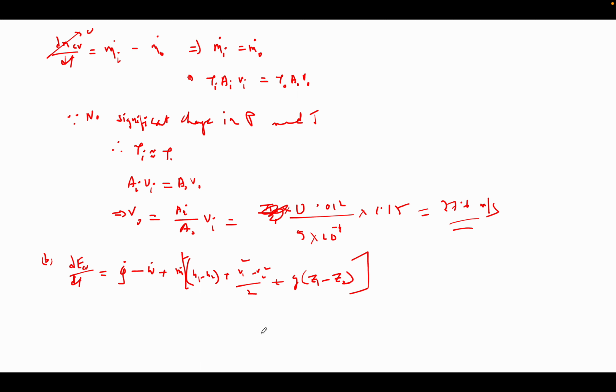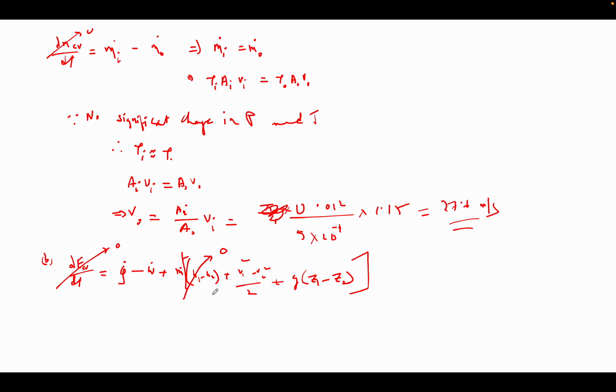In previous cases z1 and z2 were at the same height, so we neglected the change in potential energy, but in this case we cannot neglect it. We can neglect the enthalpy change, since there is no significant change in pressure and temperature, so cp T1 equals cp T2, h1 minus h2 is 0, and steady state makes the left side 0. Q dot is given as 5% of W dot, and we know V1 squared and V2 squared.